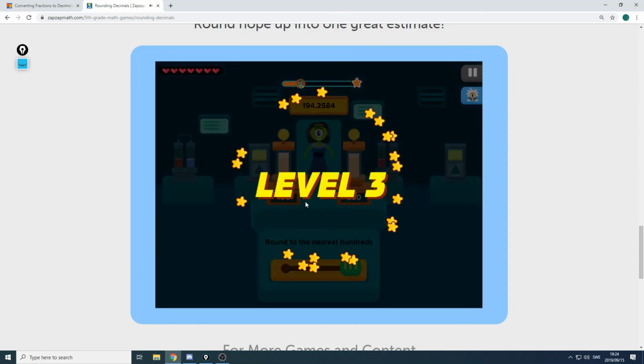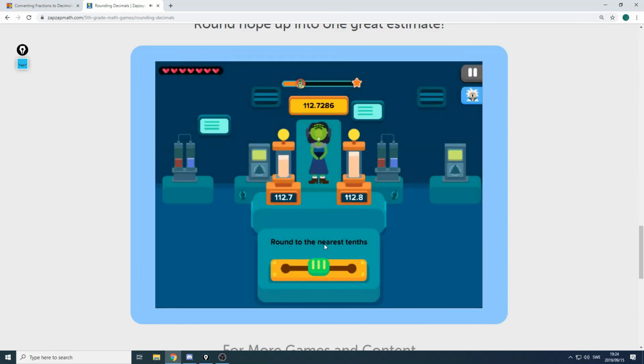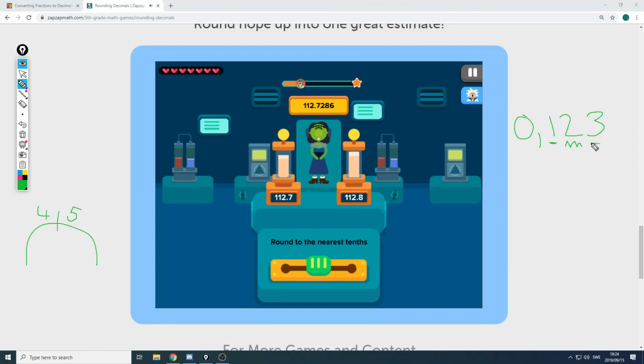Wonderful. Here, the question is, round off to the nearest tenths. Now, when we're working with our decimals, if I have 0.123, for example, the 1 is a 10th value, the 2 is a 100th value, and the 3 is a 1000th value.